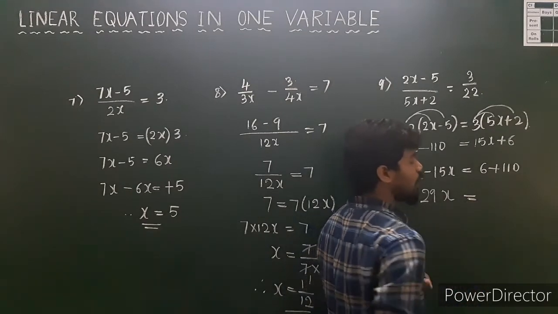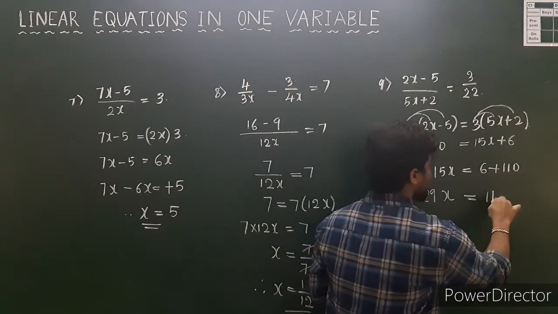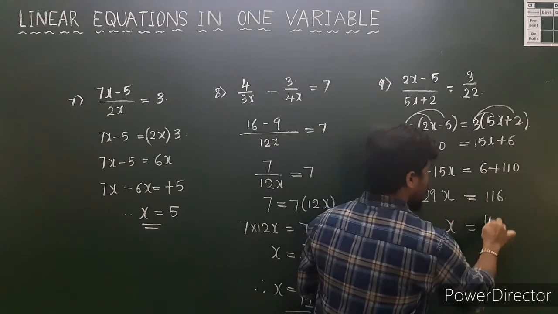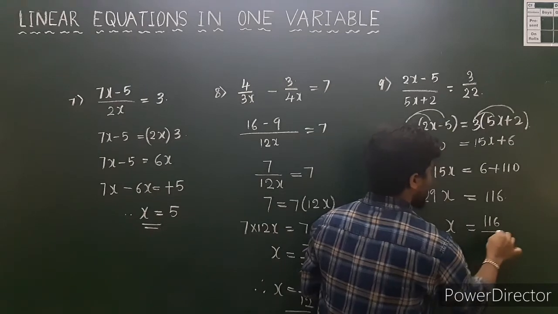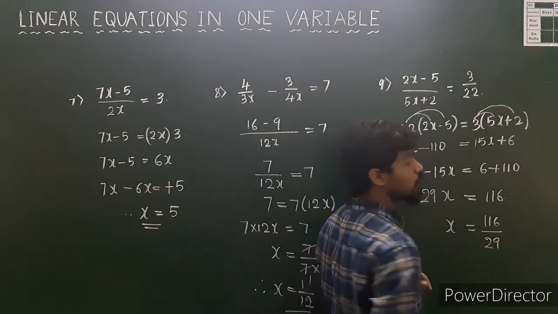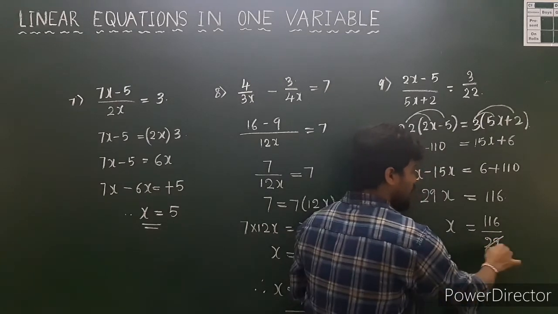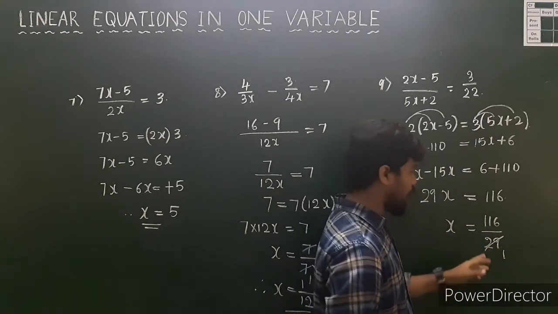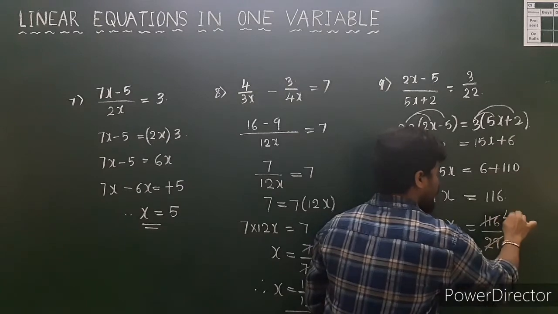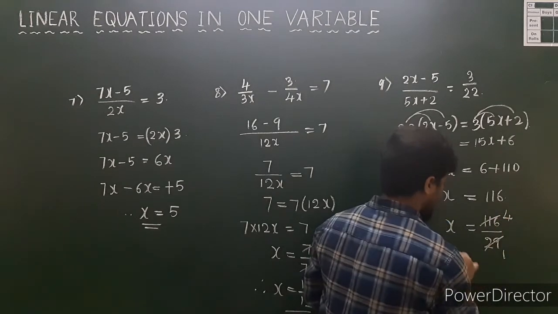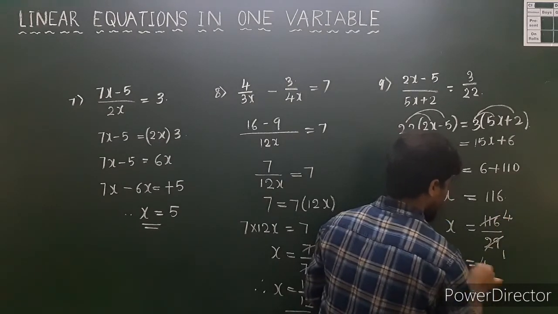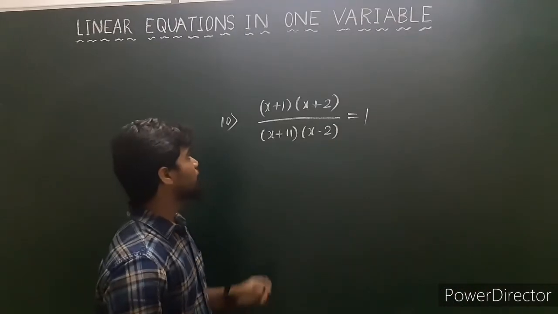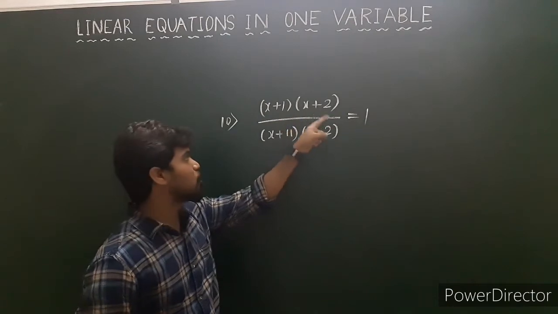And 6 plus 110, you get 116. So x is equal to 116 divided by 29. So 29 ones are 29. 29 fours are 116. So x is equal to 4. Therefore, x is equal to 4.